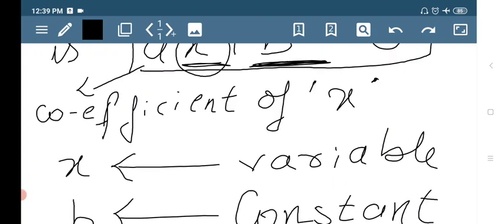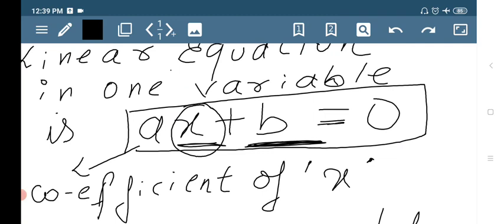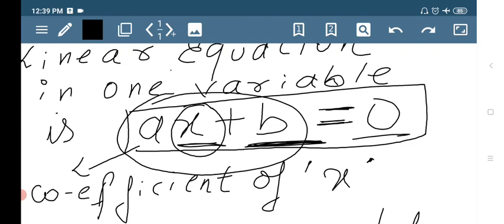Dear students, here it shows that it is equals to 0. So the whole equation is equals to 0 is a standard form. I said x is a variable and can have any values to balance the equation.